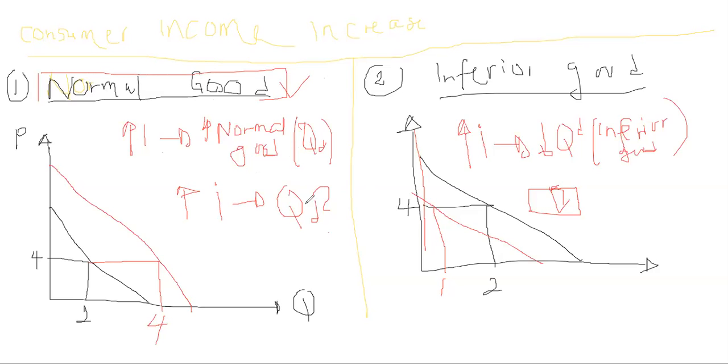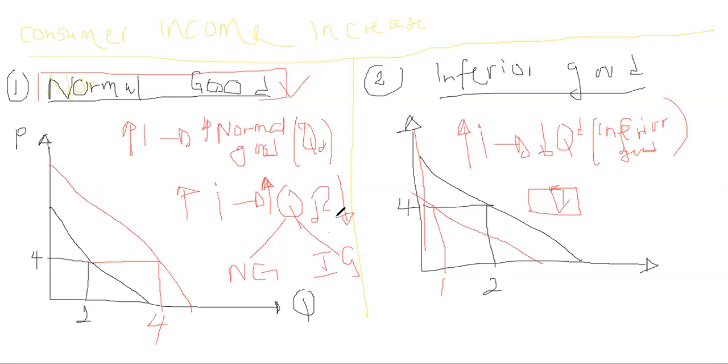What happens to quantity demanded depends on whether the good is a normal good or an inferior good. If it's a normal good, the quantity demanded will increase. But if it's an inferior good, the quantity demanded will go down.